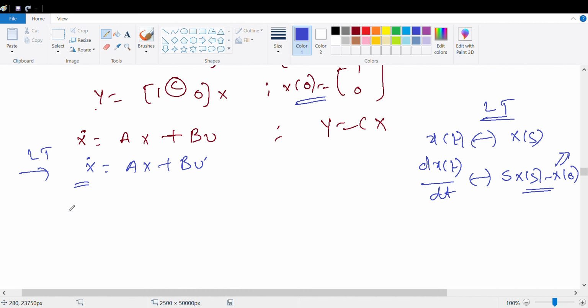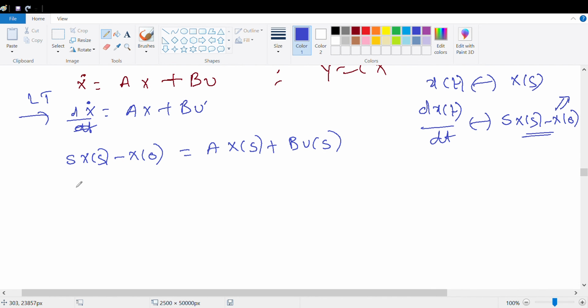For x dash, that means dx by dt, it is s into x of s minus x of 0 equals a into x of s plus b into u of s. So therefore s into x of s equals x of 0 plus a into x of s plus b into u of s.